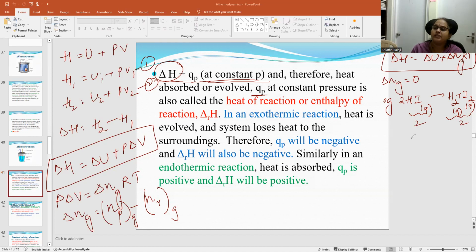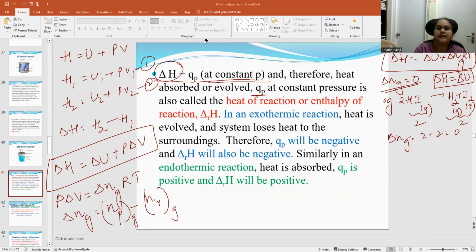So delta Ng in this case will be 0. It's 2 minus 2, which is 0. In such a case, what will happen? Whenever delta Ng is equal to 0, delta H will be equal to delta U. Got it?